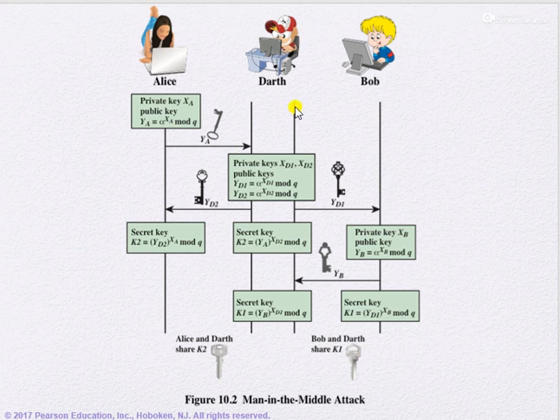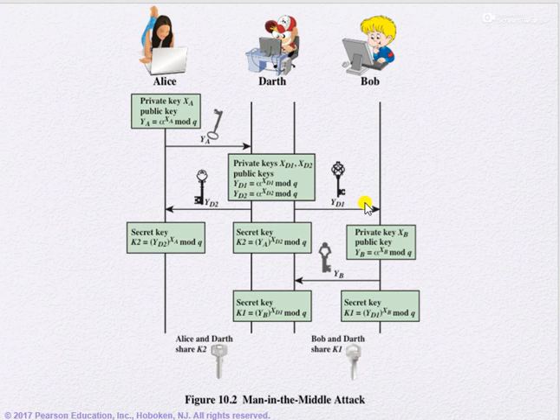When Alice generates her public key YA and sends it to Bob, the man in the middle, Darth, receives this YA. Instead, he generates his own two private keys XD1, XD2 and two public keys YD1 and YD2, with the same alpha and Q that Alice and Bob use: YD1 is alpha raised to the power XD1 mod Q and YD2 is alpha raised to the power XD2 mod Q. Darth keeps Alice's public key and sends his own public key YD1 to Bob.